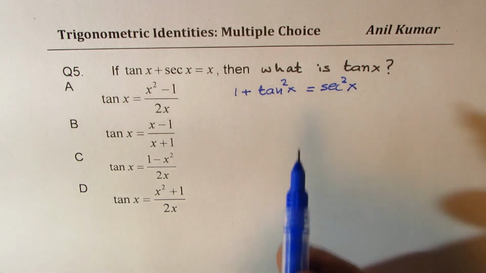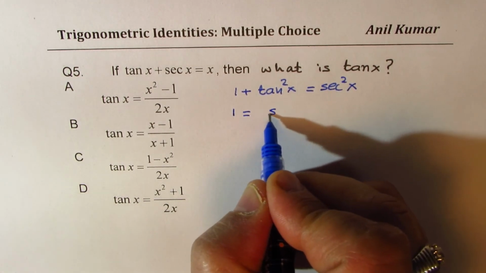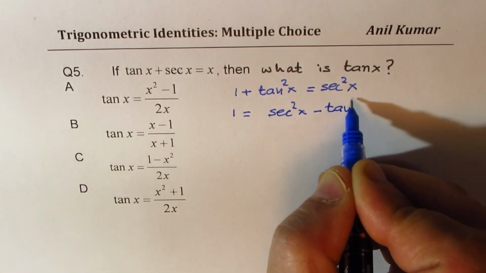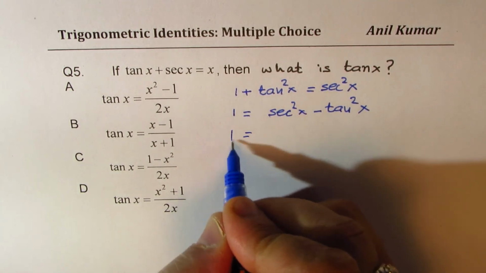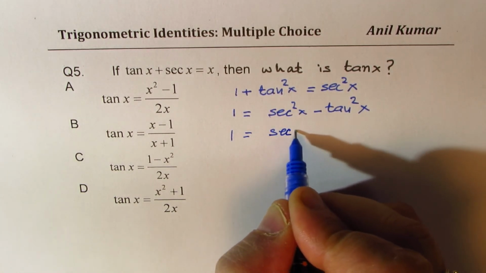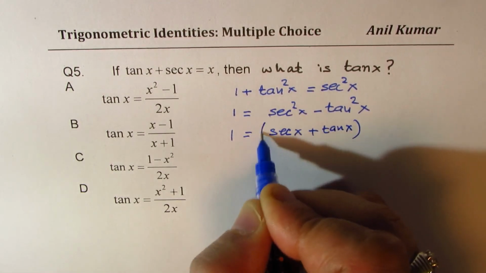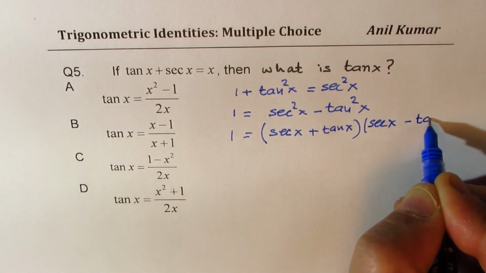Correct? Now, if we rearrange, we get 1 equals secant square x minus tan square x. Now this is a difference of squares. I could always write this as secant x plus tan x times secant x minus tan x. Perfect.